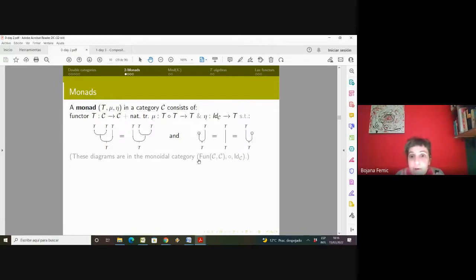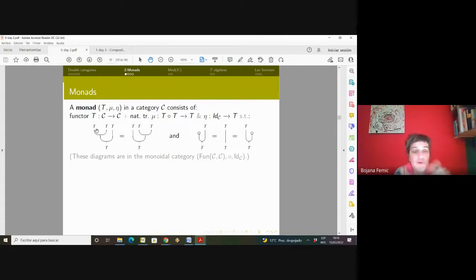So the objects here are functors, T is a functor, and the morphisms correspond to natural transformations, which are morphisms in this category of endofunctors. Well, the only two natural transformations that we have at hand are the multiplication and the unit.